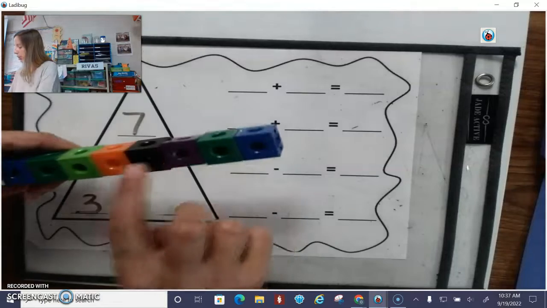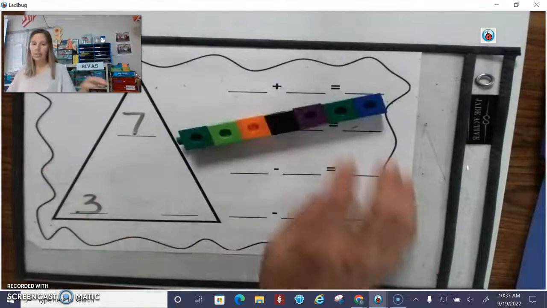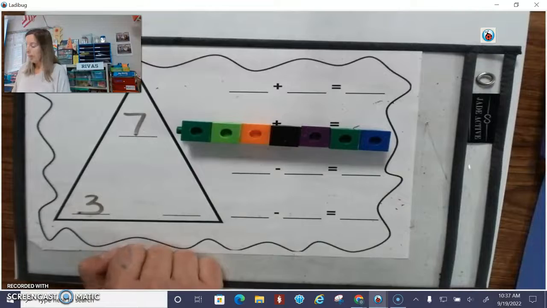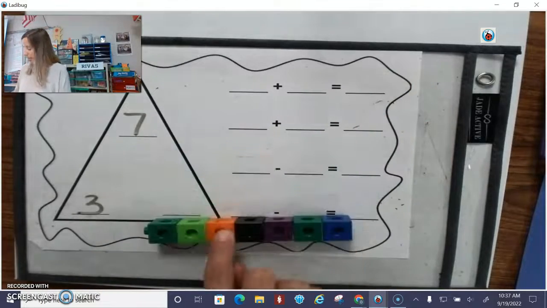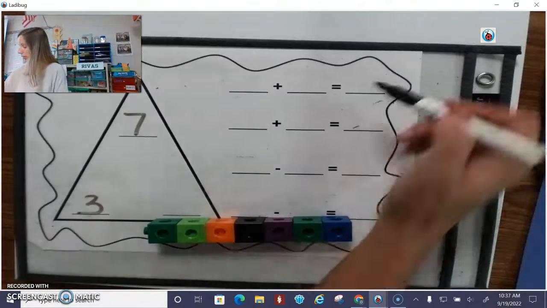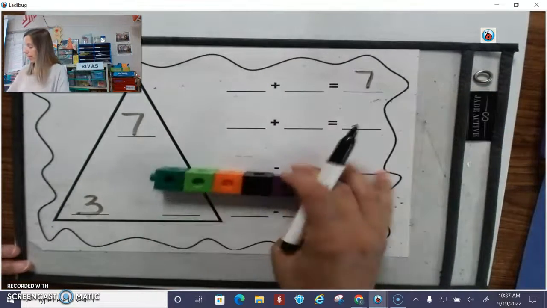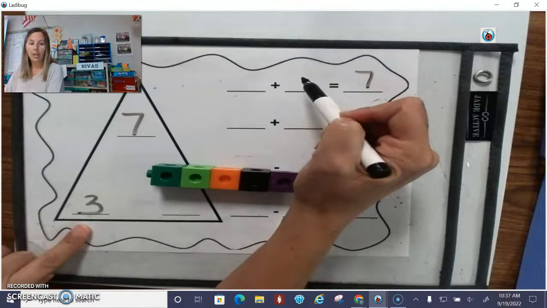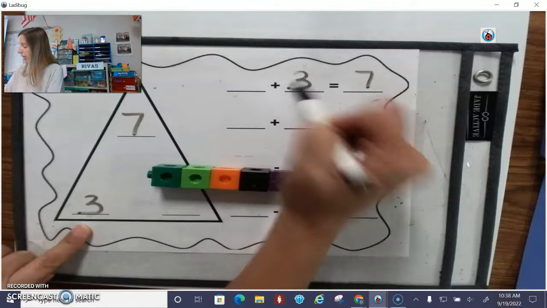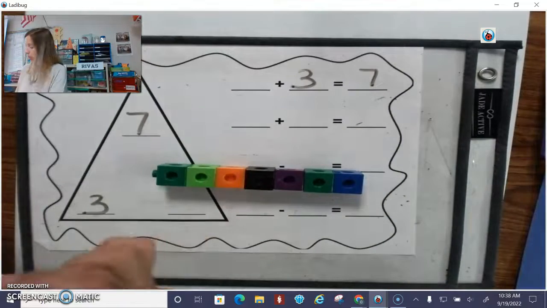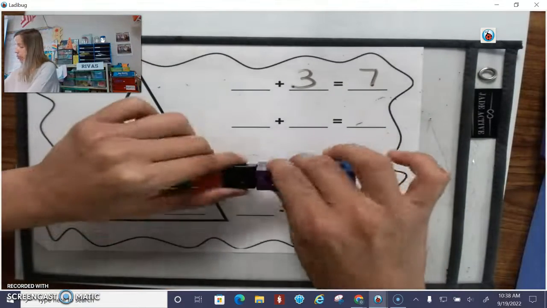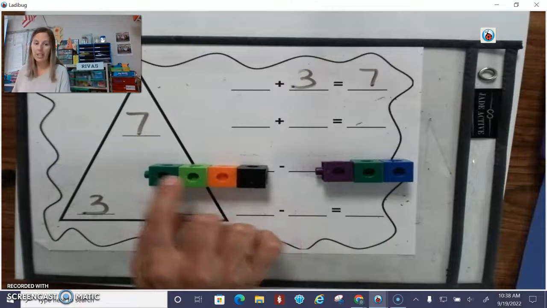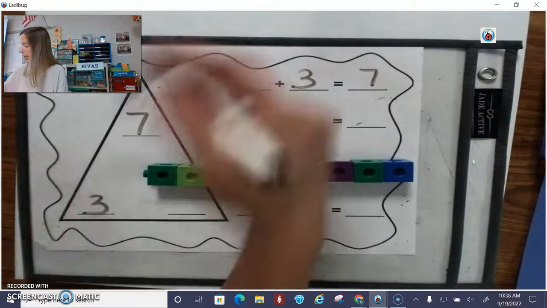So 1, 2, 3, 4, 5, 6, 7. I have 7 over here. If 7 is my total, and I know that one of the items is 3, to figure out the other one I only have to take 3 from 7, and whatever is left is going to be my third number.